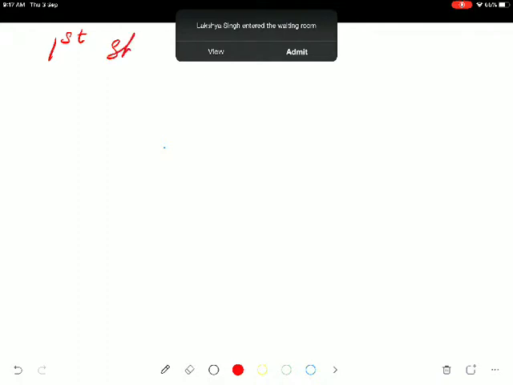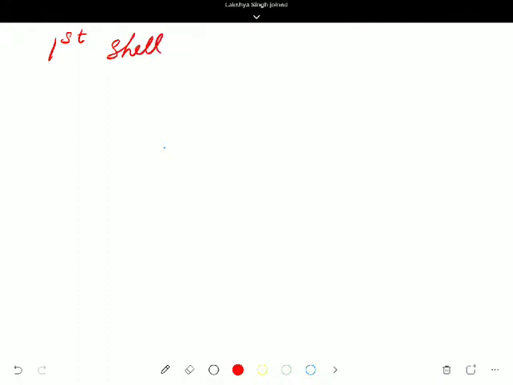First shell, only one subshell is there, that is the S subshell. That means only one orbital is there, that is the 1s orbital.